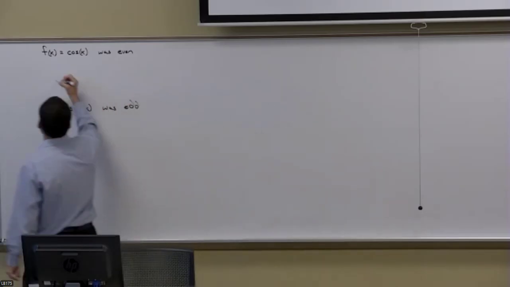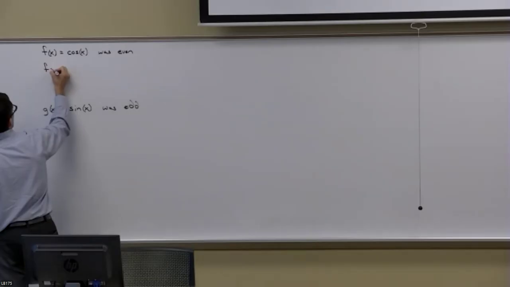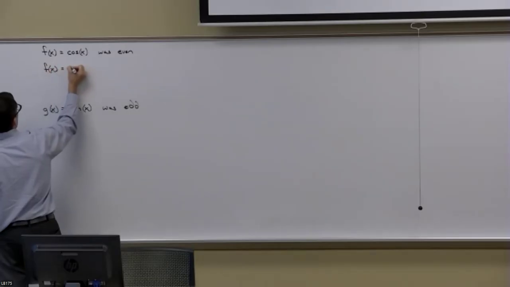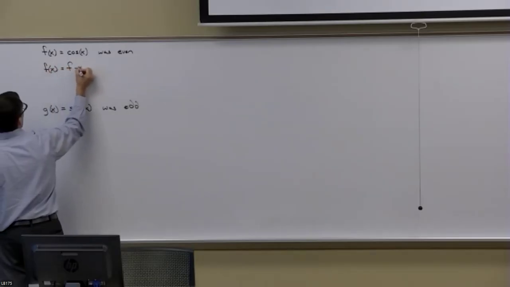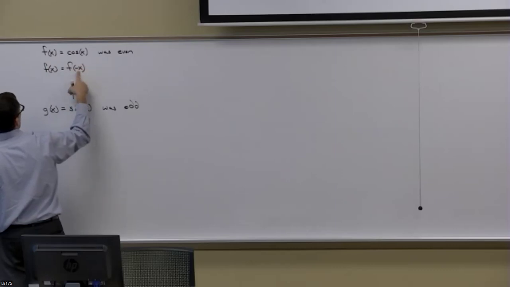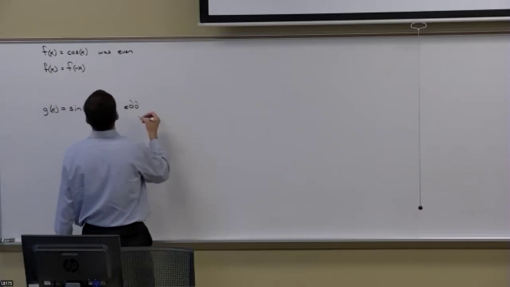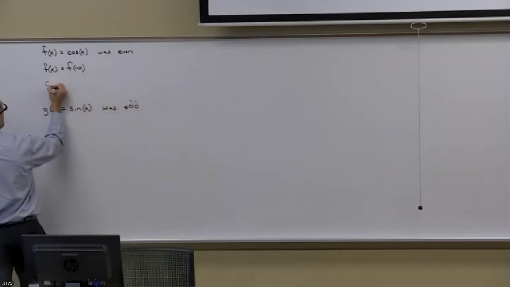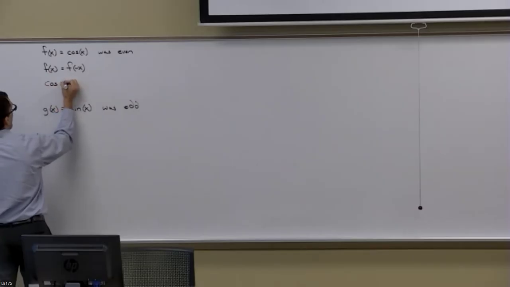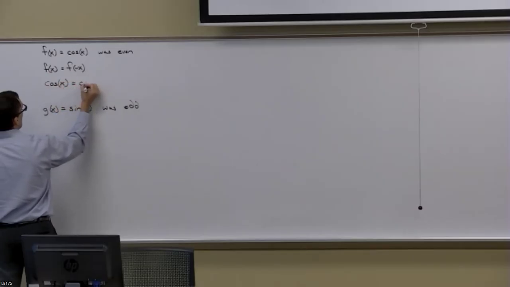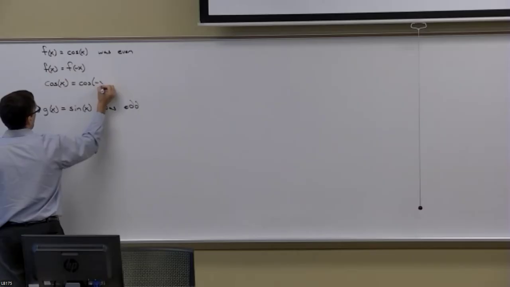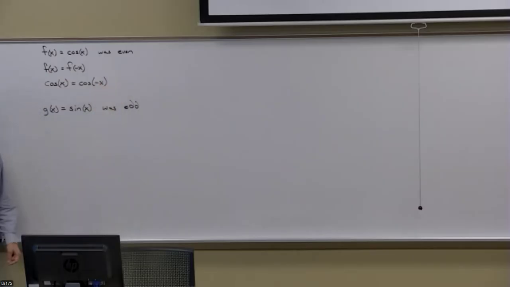What we mean by that, since f even means when I plug in a negative x, I get the same thing as if I plug in a positive x. And what that means in this case is that cosine of x is the same thing as cosine of negative x, right?